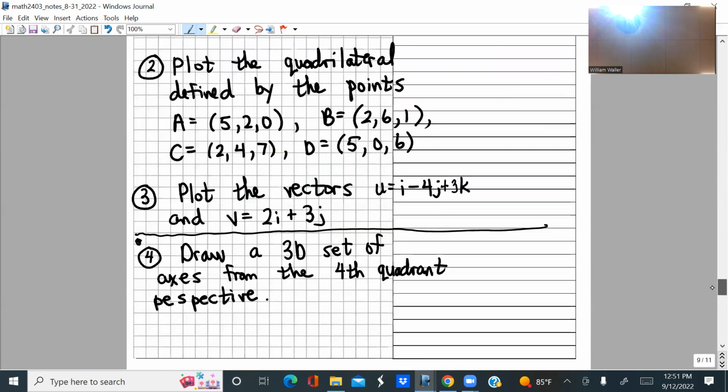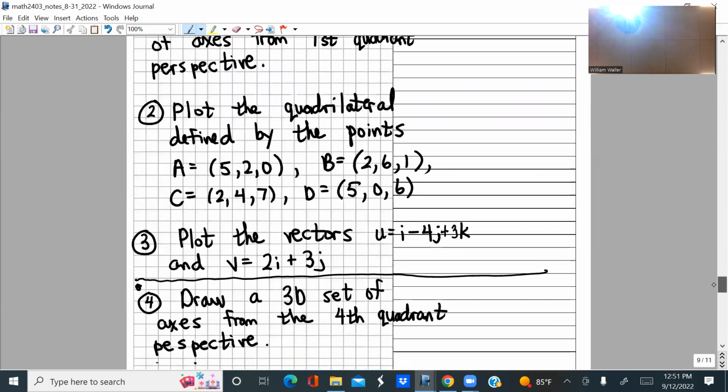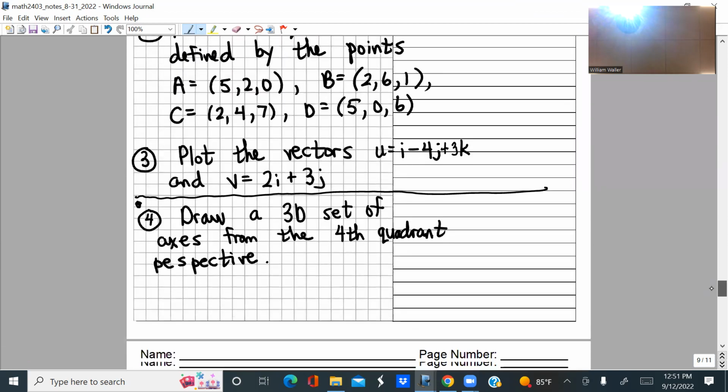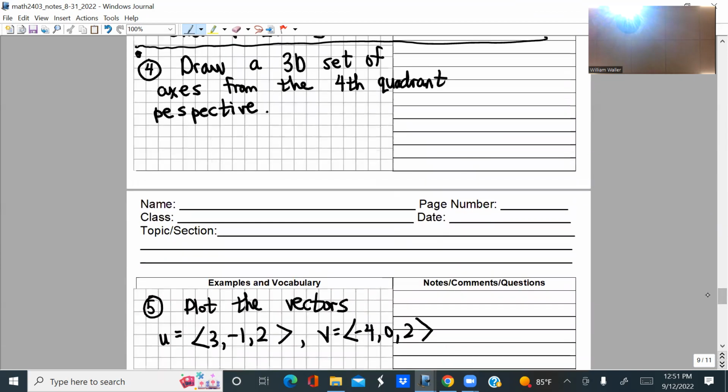I'm going to have y'all draw one for me, but let's take a break here for a minute so we can gear up for this. Here's what's going to be on there. On that set of axes, the bottom one that I had drawn, you just want to fill in the tick marks on the x, y, and z axes.